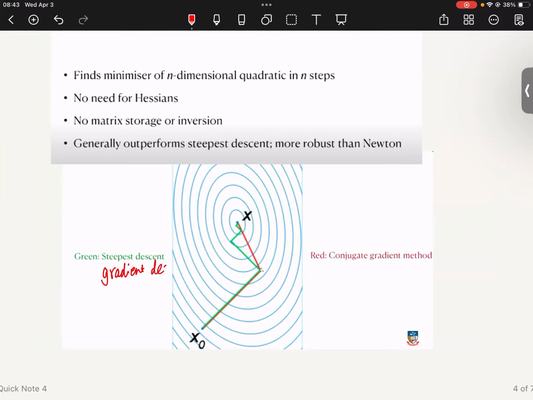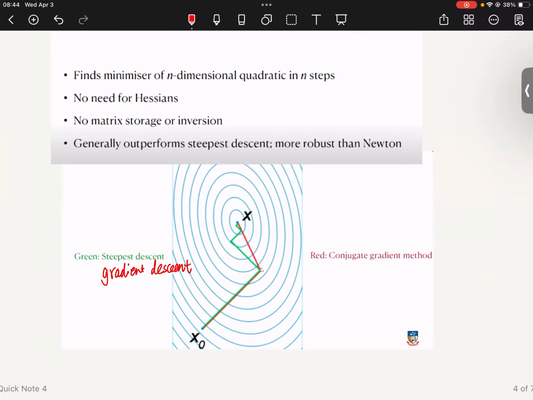If you have taken multivariable calculus, you would know that the gradient is the fastest way for the function to increase. So if you go in the gradient descent way, you are going in the fastest descent way of the function.